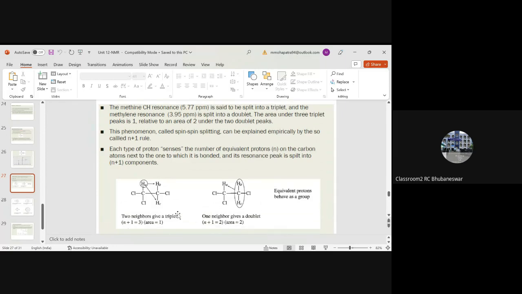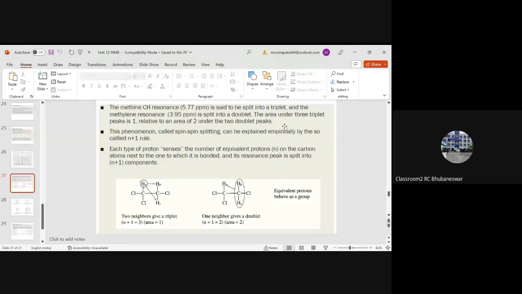So what happened here? The methine CH resonance, at 5.77 ppm, is split into a triplet, and the methylene resonance, coming around 3.95 ppm, is split into a doublet.